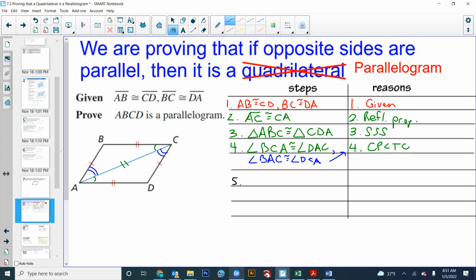Which makes BC, this thing's going to glitch out on me, so excuse my writing. BC parallel to DA. And AB parallel to CD.